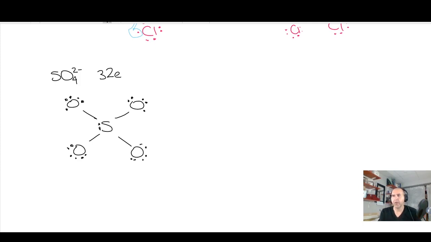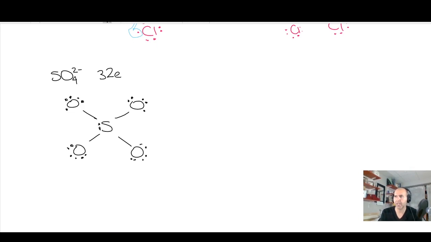So here I have a situation where, well, let's see. First off, it's a little tricky because I have some unpaired electrons, right? And definitely some incomplete octets. And so if I think about how this would work, there's a few different possibilities.